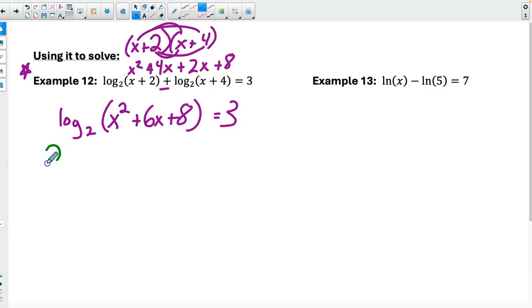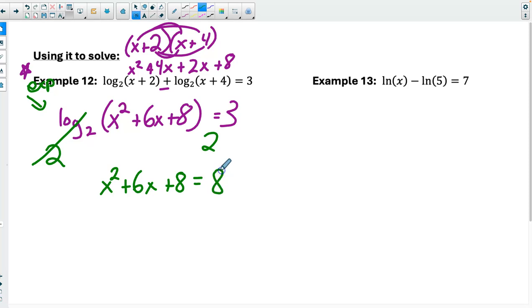So this becomes 2 to the power, okay, that's an exponent now, and 2 cubed. So we're really just changing forms. But this is why it works out. So I cross that off, and I'm left with this lovely x squared plus 6x plus 8 equals 2 to the third power. What's 2 to the third power? 8. So I get 8 over here. Oh my gosh, this is going back to like chapter 5.